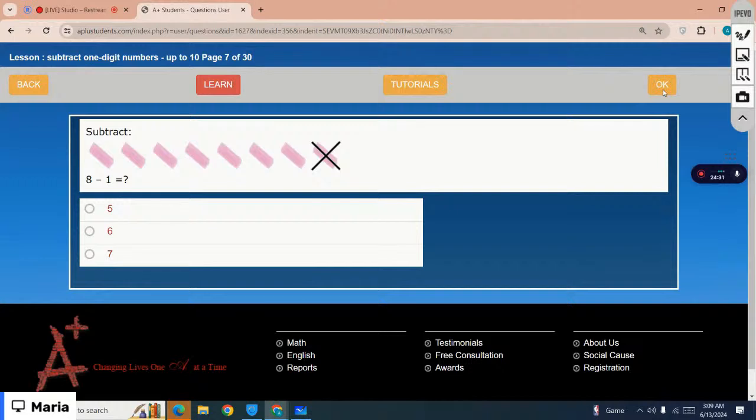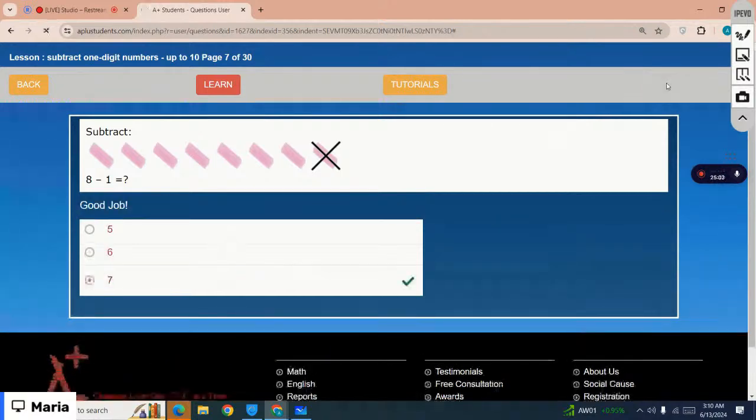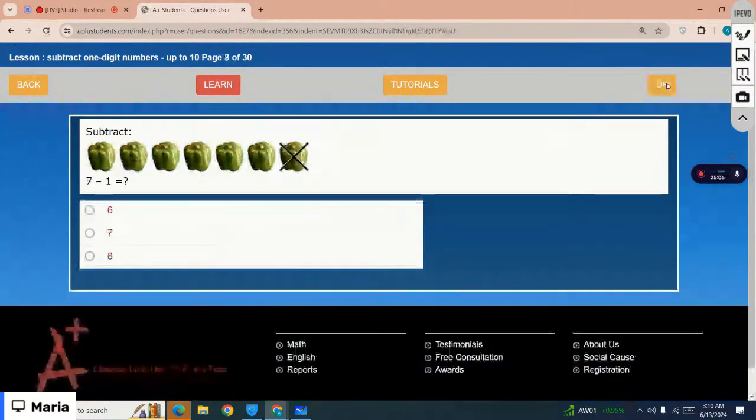Eight take away one, which is the correct option? Yes, 7 it is. 8 take away 1 is 7. Very good. 7 take away 1. So which is the correct option?